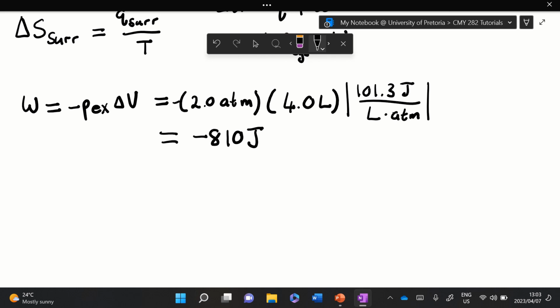Okay, so that means that the heat of our system is equal to 810 joule. So that means our system needs to absorb 810 joule from the surroundings to keep this process isothermal, right?